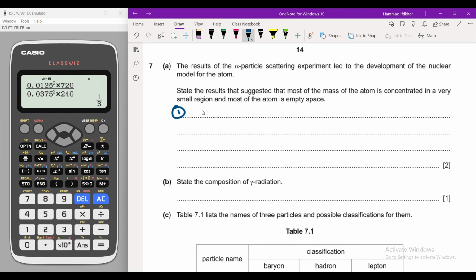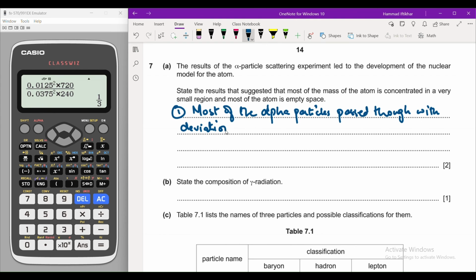So observation number one was most of the alpha particles passed through with deviations of angles less than 10 degrees.